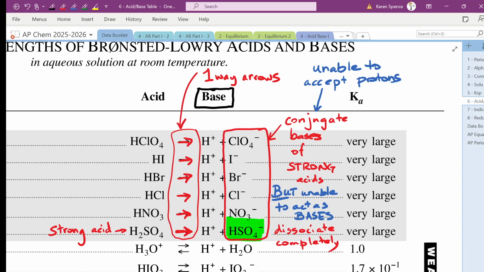Why can't they accept it? Because thermodynamically, it's totally unfavored. Entropy and enthalpy say no. HSO4 dissociates completely. It will not go back.